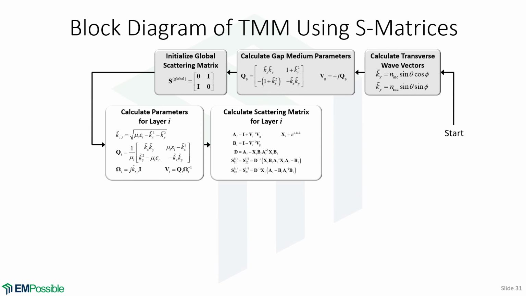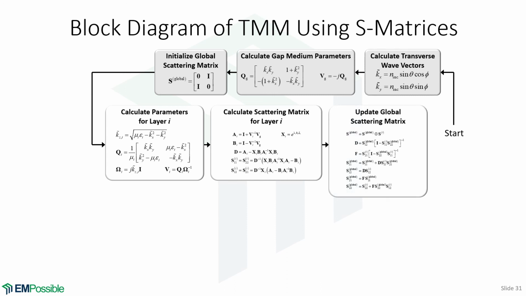Once we have all those parameters, now we can calculate the scattering matrix for that layer. Given the scattering matrix for the layer, we update the global scattering matrix with that layer. And we keep repeating this until we go through all of our layers.